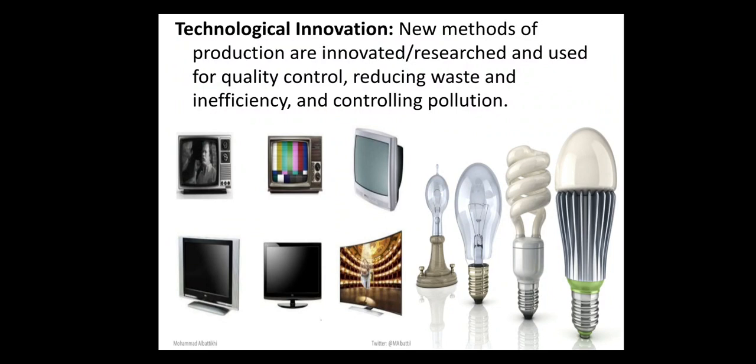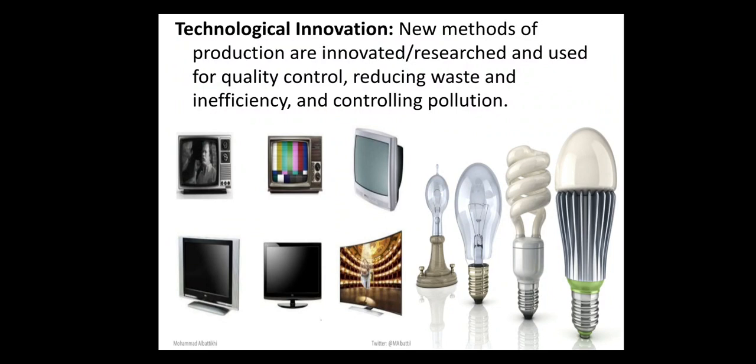Why? Because of technological innovation. That means new methods of production are innovated and researched. They use innovation in the modern manufacturing line for quality control, for reducing waste and inefficiency, and for controlling pollution. In modern manufacturing industries, they do lots of R&D.